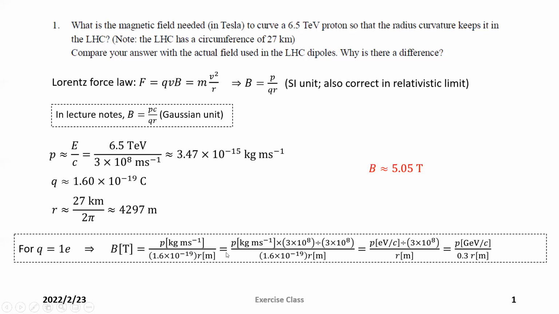Then in the numerator, we multiply the value of the speed of light and then divide it again. So this is the same as the previous one, but then we combine the momentum in SI unit with the speed of light, and then divide by the electric charge, and then the unit will become eV over c.